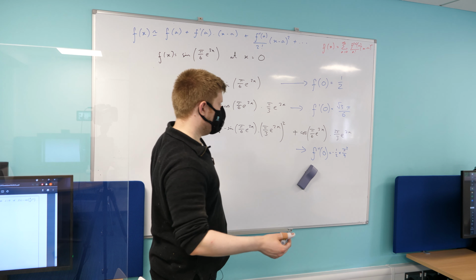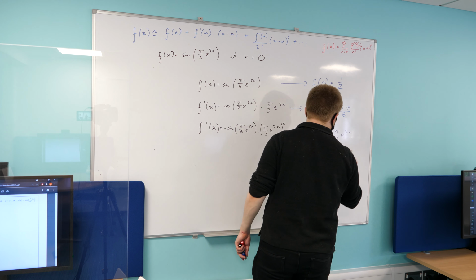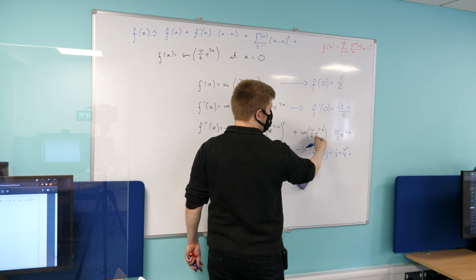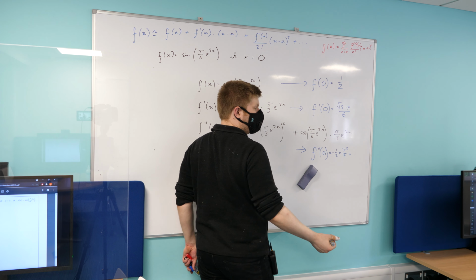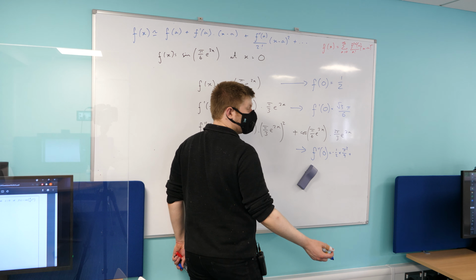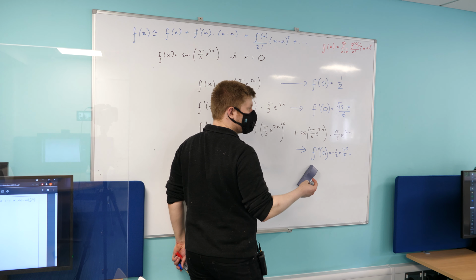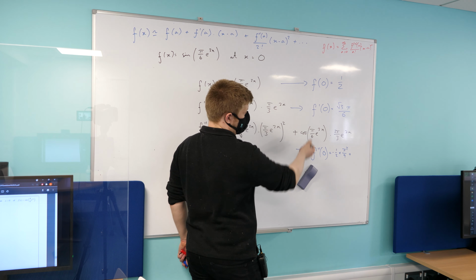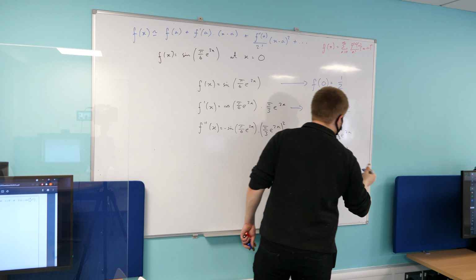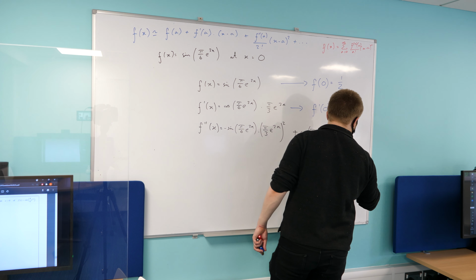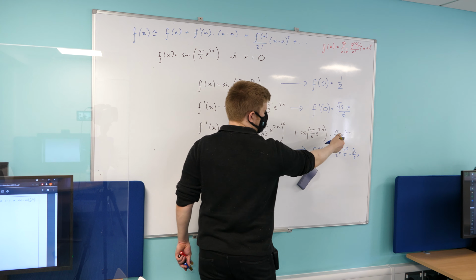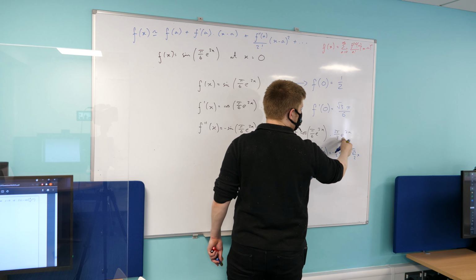Make sense? Okay, then I'm going to add that to cos of pi by 6 times e to the power 0, which is cos of pi by 6, which is root 3 over 2. Perfect, well done. And then I want to times that with 2 pi over 3 times e to the power 0.